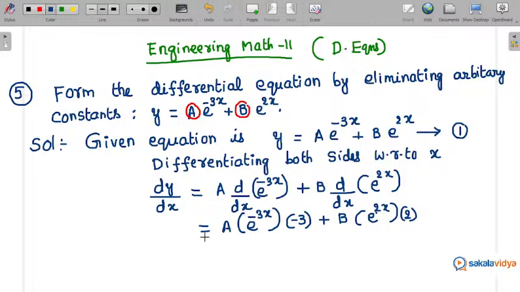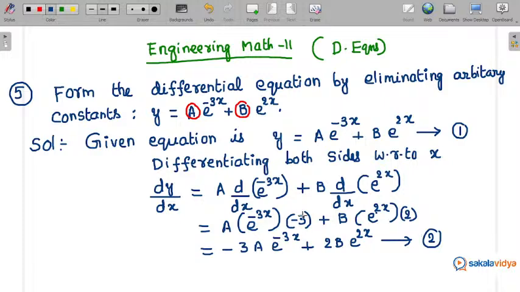So now this can be written as negative 3a times e power minus 3x plus 2b times e power 2x. Say this is equation 2. I hope it's very clear.